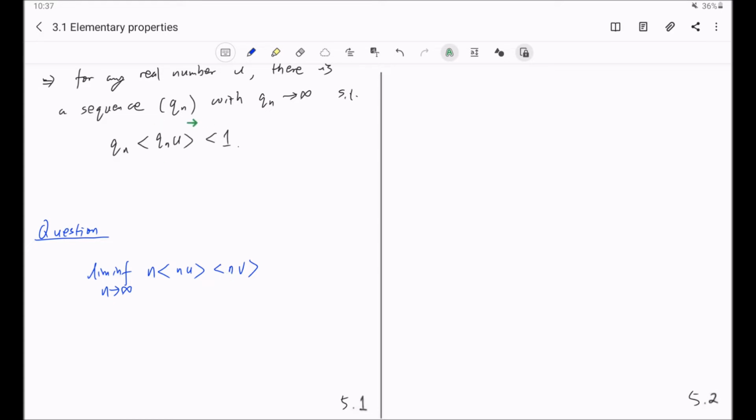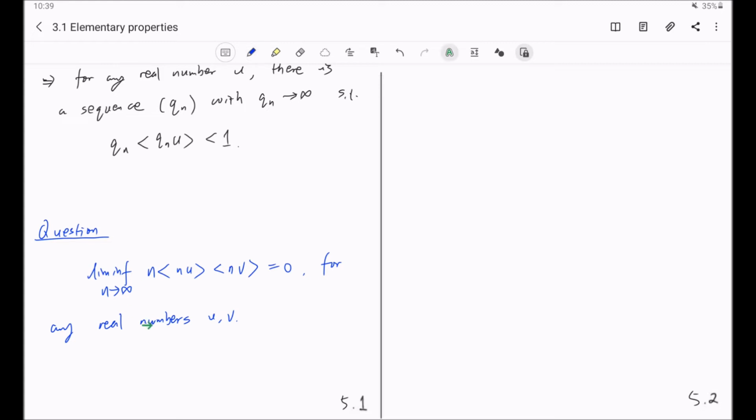So from here, you may want to guess that this lim inf might be equal to 0, because this part is already smaller than 1, and this is smaller than 1. So you may want to guess that this is probably equal to 0 for any real numbers u and v.